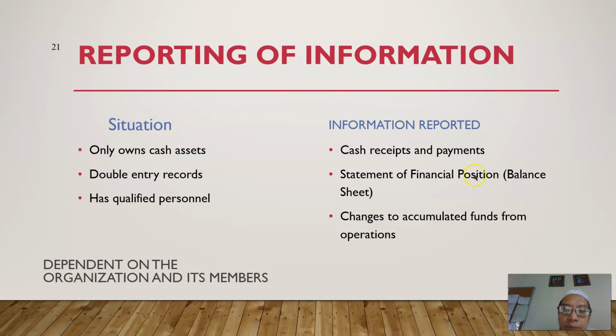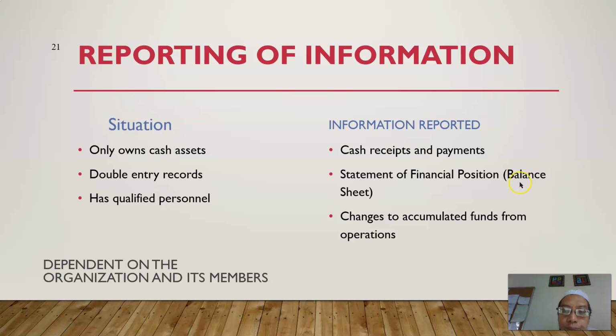Basically, the name for balance sheet is statement of financial position for non-profit organizations. It will show the basic accounting equation, which has the asset equal to the liability and owner's equity.